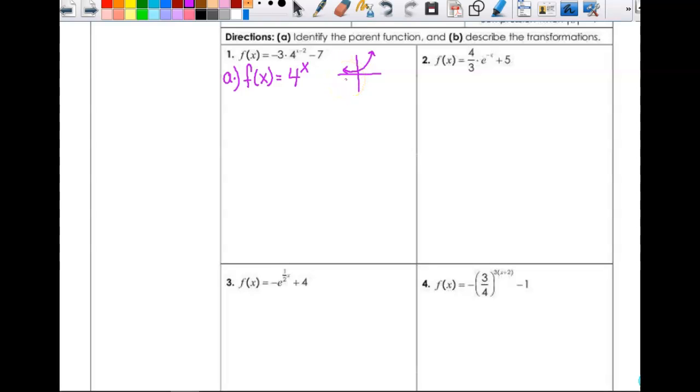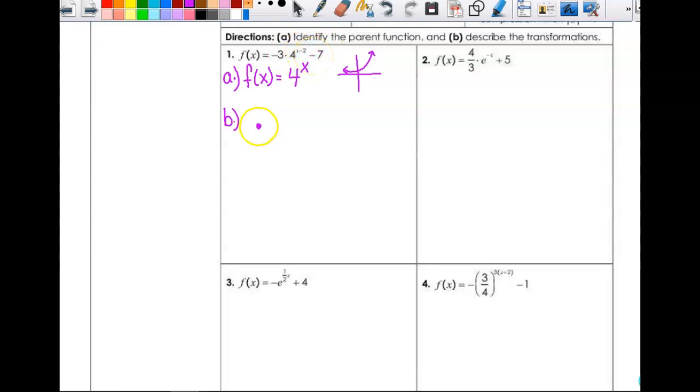Then it says to identify or describe the transformations rather. So the first thing we want to look at is how many transformations do we have? How many do you think there are? I see 4. I see the negative, then the 3, then the negative 2, then the negative 7, right?